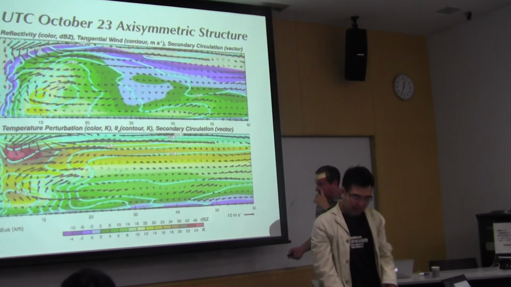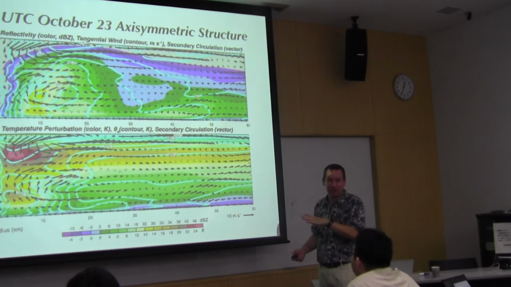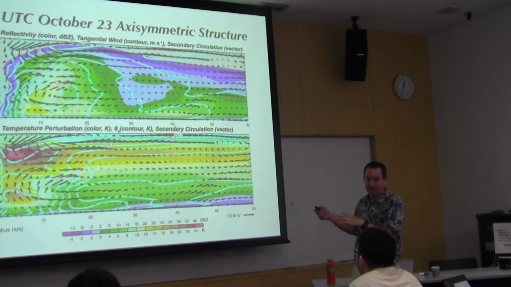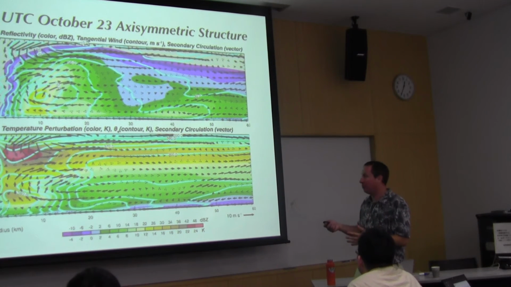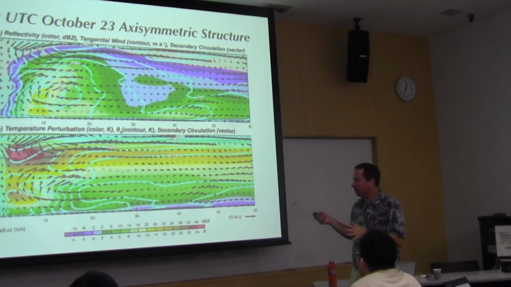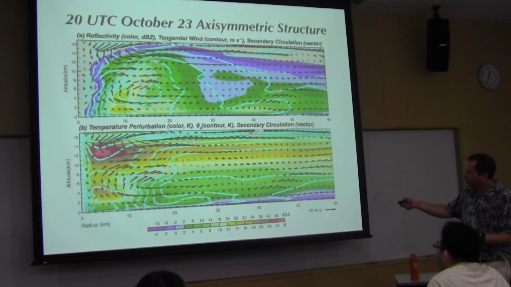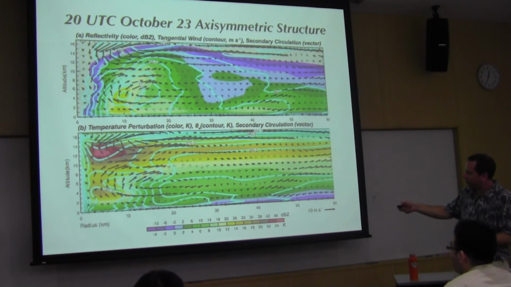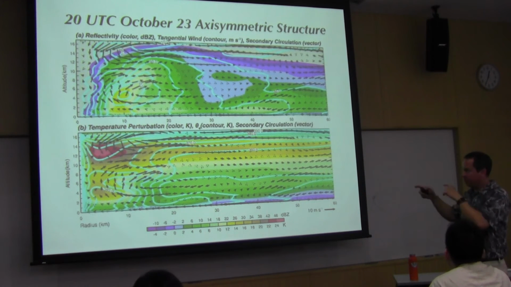Good question. Well, I would say a couple of things. One is these analyses are still somewhat preliminary, so some of the details may change as we finalize the analyses. So I would not take too much from it. But I think that this gyre we're seeing here is consistent with Sawyer-Eliassen upper-level heating.